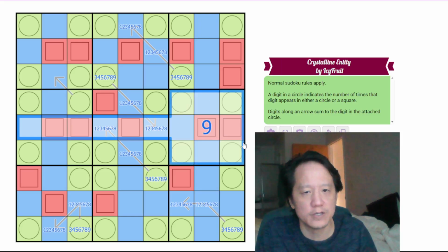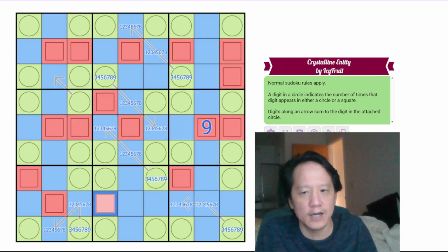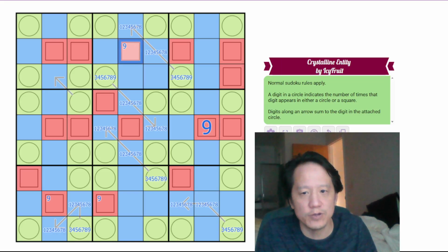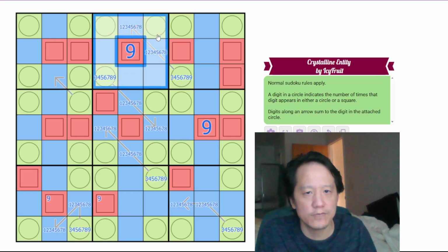None of these could be 9. 9 would have to be one of these two, and this couldn't be 9. So 9 would have to be here. So 9 could not be any of these, could not be any of these or these. So 9 is one of those 4.